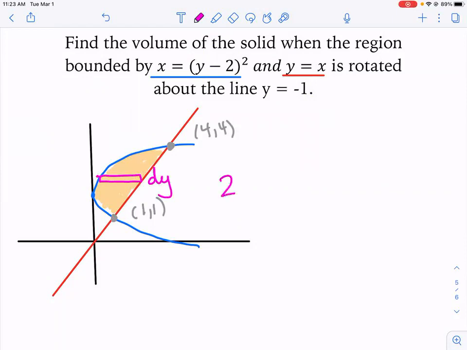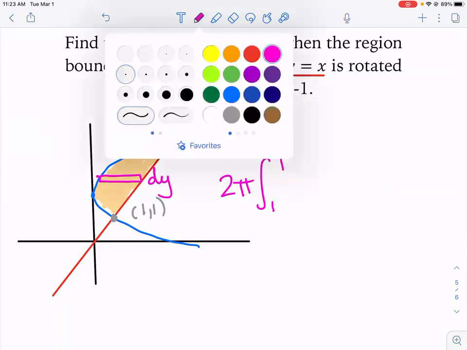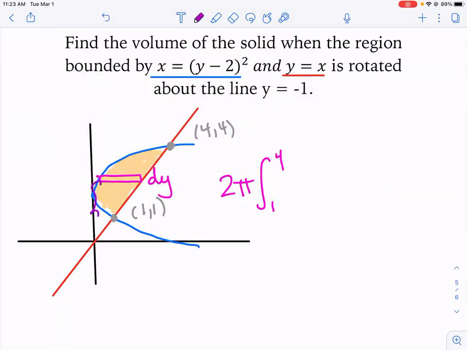Okay, so we have 2 pi integral from 1 to 4. Our radius, how far away is our rectangle from, I didn't even draw my axis of rotation. Our axis of rotation is here at y equals -1.